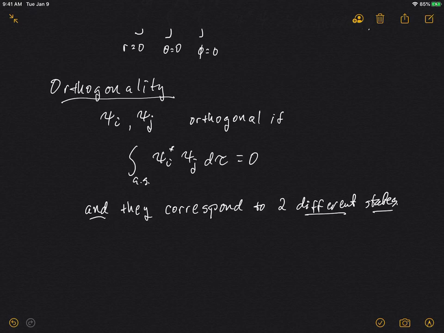If the integral ends up being non-zero, whether it gives you some real constant or complex constant, then they're not orthogonal. So they have some overlap, we say. In other words, it's like two angles that are not quite at right angles to each other, or maybe they're actually parallel.